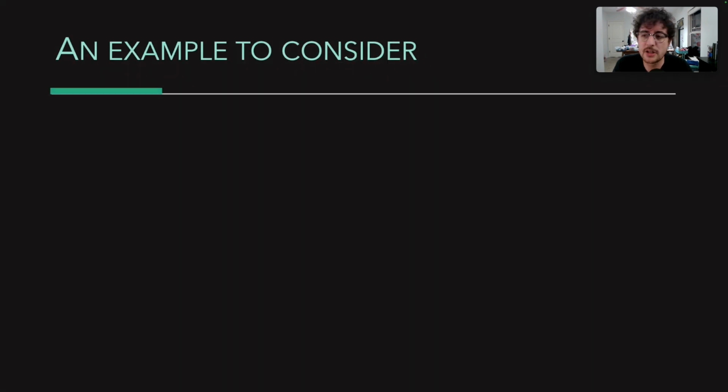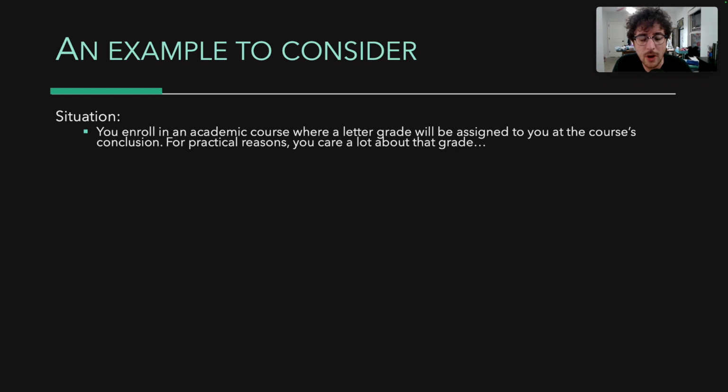So an example I wanted to start out by considering, just to introduce the topic, is imagine that you're in a situation where you've enrolled in an academic course where you'll get a letter grade at the end of that course, and for several practical reasons you care about which grade you get. A problem arises though because at the beginning of the semester you realize, well, how do I get the grade that I want?